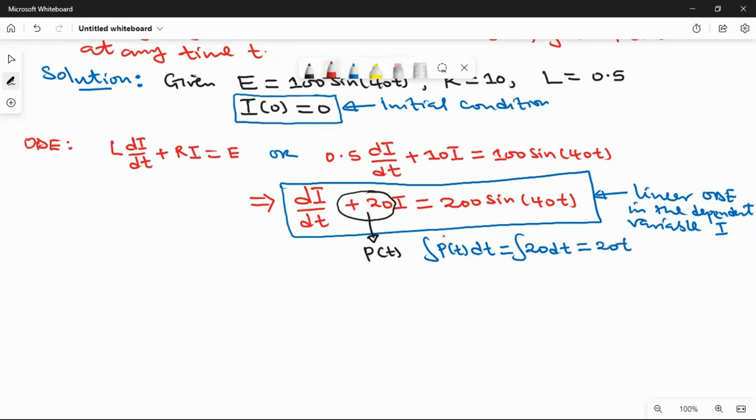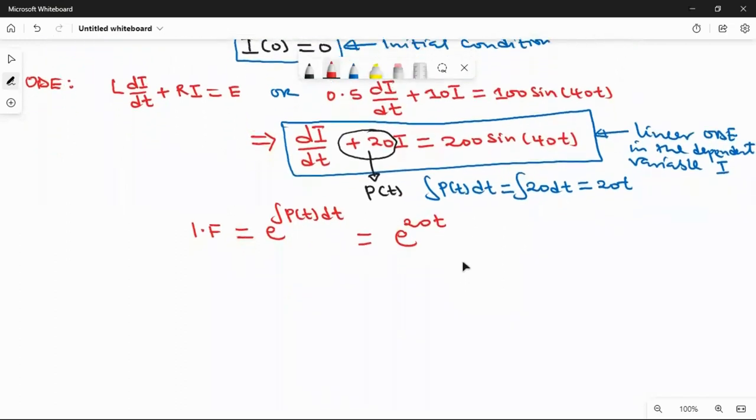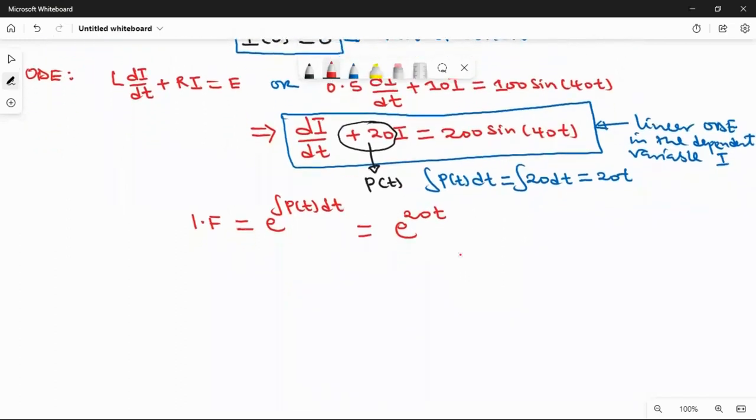Now we need to find the integrating factor. It is defined by the exponential of the integral of P of t dt, which is the same as exponential 20t. So now let's multiply the ODE, this equation, let's call it star, by the integrating factor.